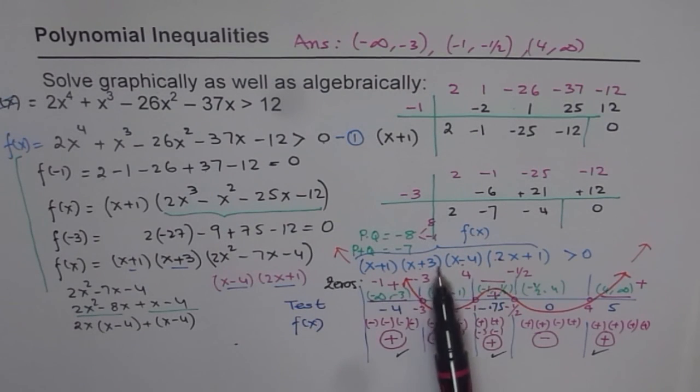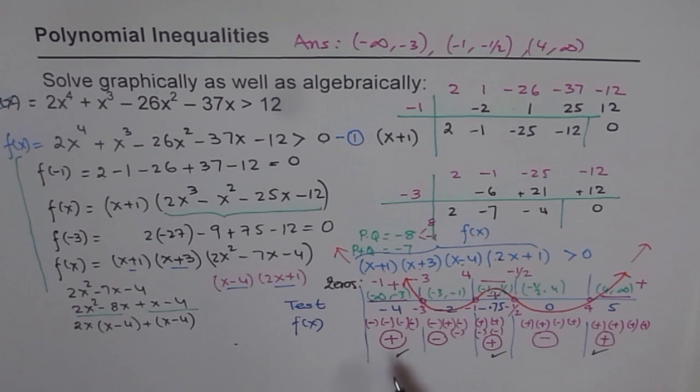Now find the real zeros. Once you have real zeros, which are 4 of them here, they divide the number line into 5 intervals. In the 5 intervals, pick test points and test whether your function is greater than 0 or not. You are interested in sign, not value.